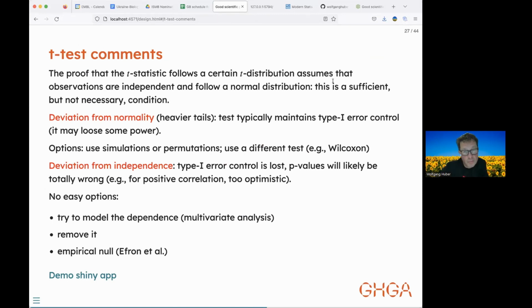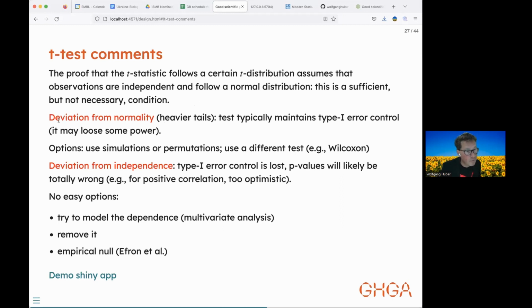That's not actually true. The assumptions are sufficient to make the math simple and tractable, but they're not logically necessary. So the test may actually be valid under a much wider set of scenarios than just those used to prove the mathematical fact.